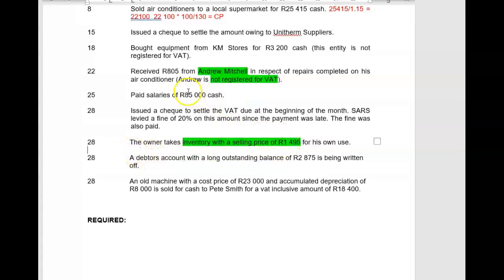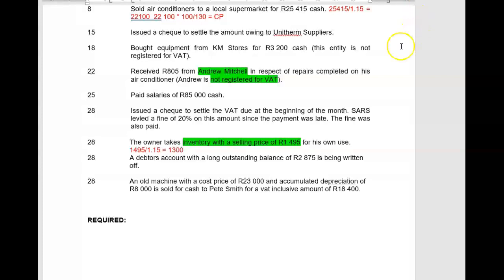Now, the first thing that we want to do is always, before we can do anything with anything in accounting, 1,495 divided by 1.15 will give me the VAT exclusive amount, 1,300.